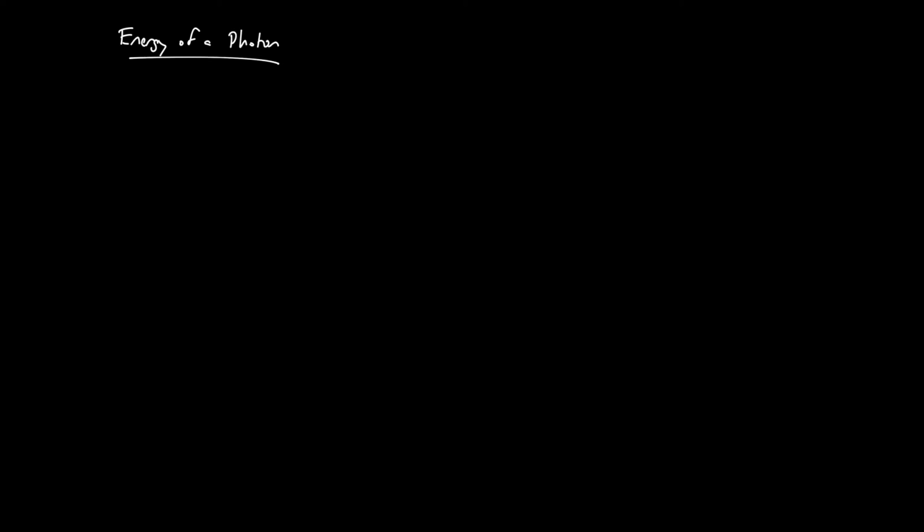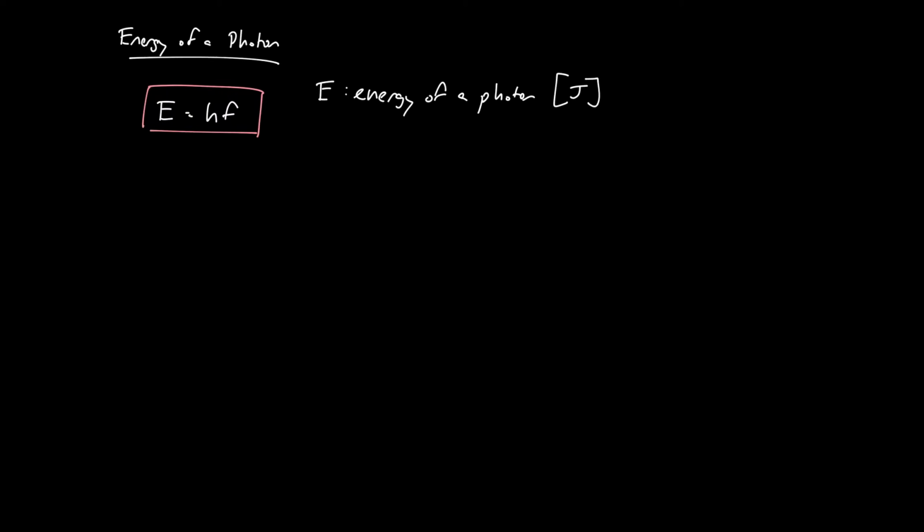So photon energy is quantized. Photons can only have energy that is equal to positive integer multiples of the quantity hf. And this is a PRC equation. E is the energy of a photon, and we know the energy is in joules. h is Planck's constant, and that is on your PRC.